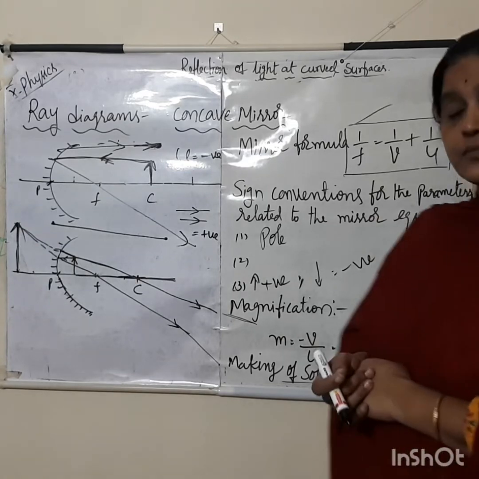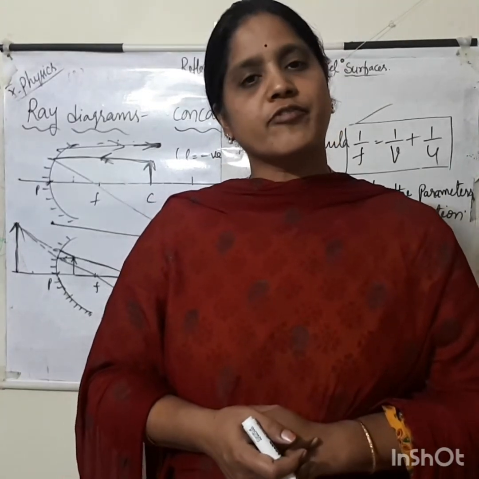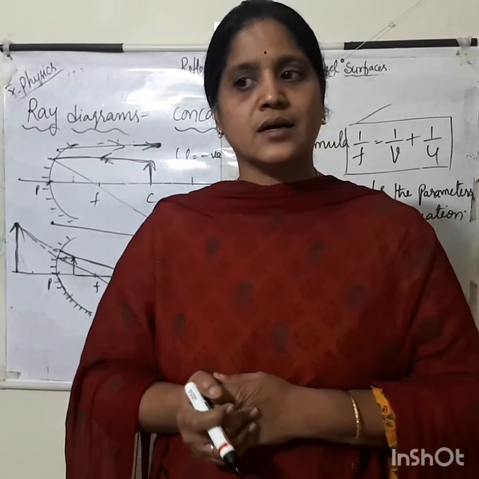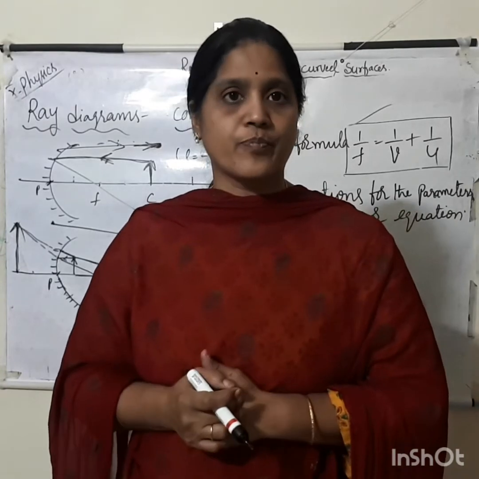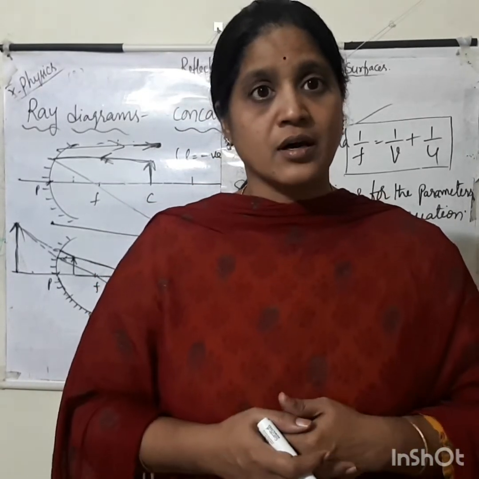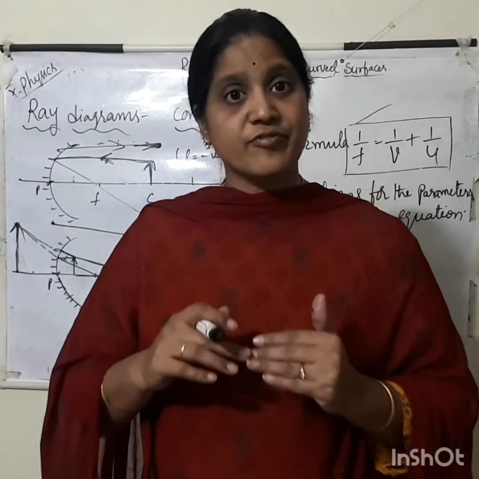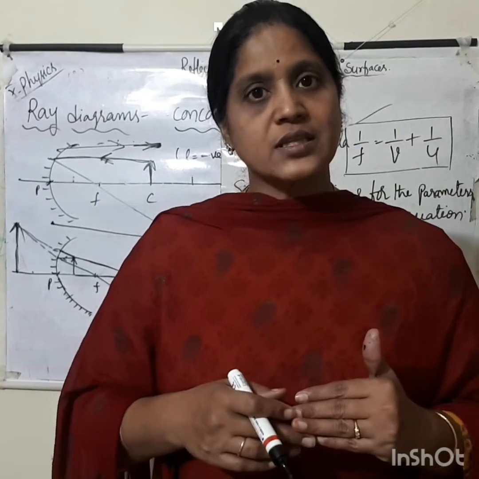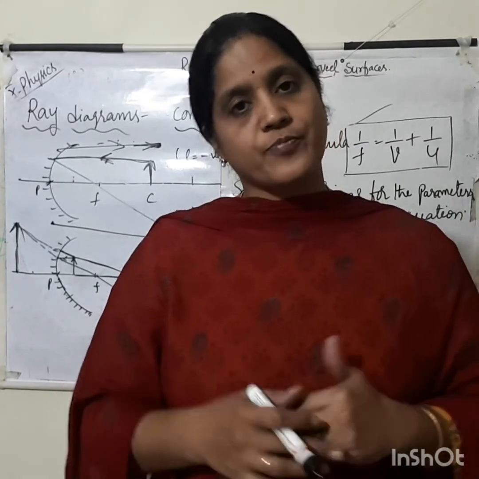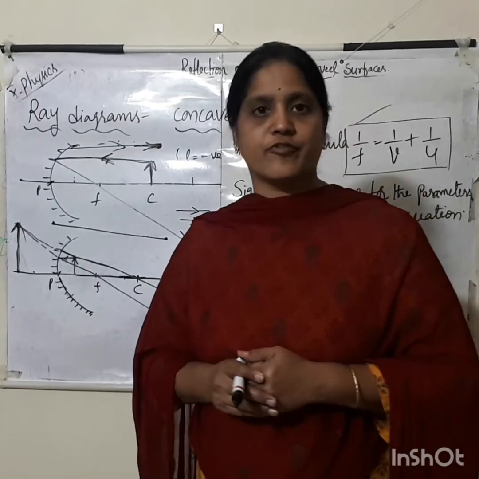Next, the last one is magnification. What is magnification? You are comparing the size of the image with the size of the object. That comparison is expressed in the form of magnification.